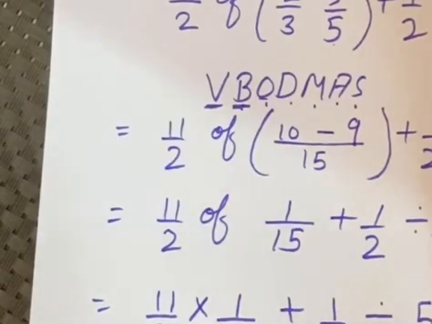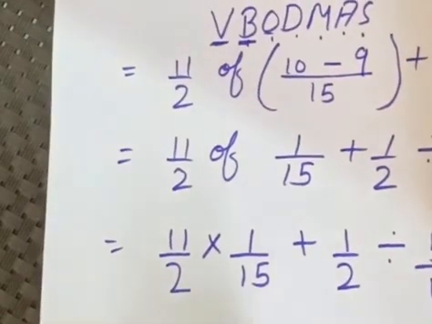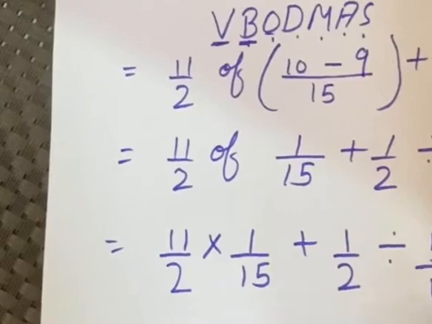So now we have to remove the division first, and on removing the division, what we will get is 11 by 30 plus 1 by 2 into the reciprocal. The division sign is exchanged with multiplication, the numerator is exchanged with denominator, and the denominator becomes numerator.